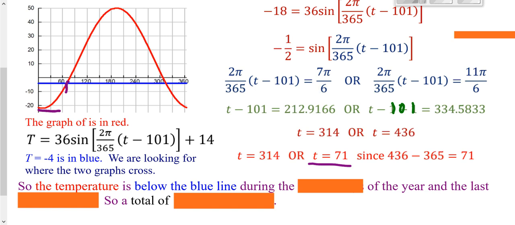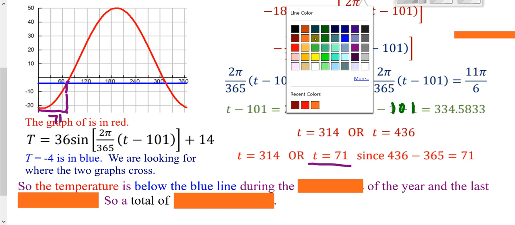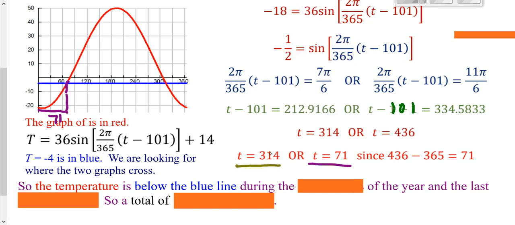So during these first 71 days, it would work. Also, what I have right here correlates to 314. So I would then need to still find how many days are afterwards here.